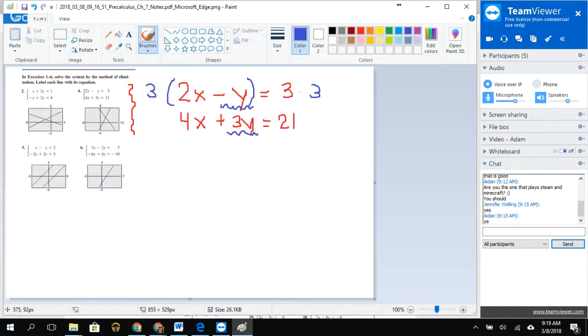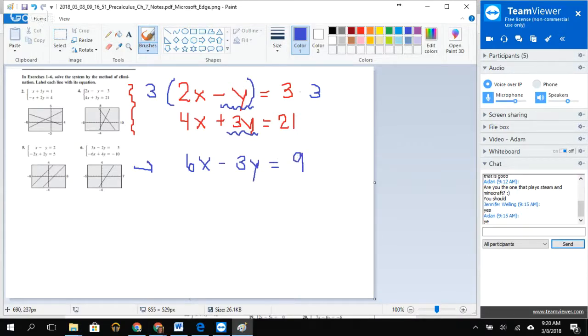So that's how I picked to multiply by 3. I looked for my terms and I said, oh, well, this is positive 3y. This is a negative y. If I just multiply by 3, I get negative 3y, and then I cancel out. Okay, so then what we do, that's step 1, is we multiply by some constant. So our new first equation becomes 6x minus 3y equals 9.